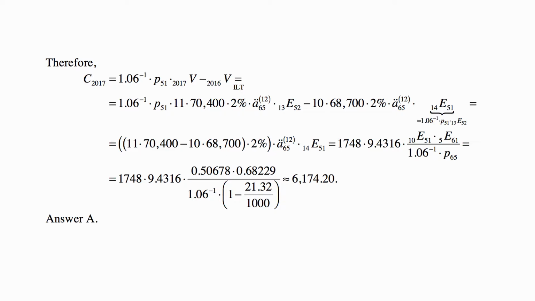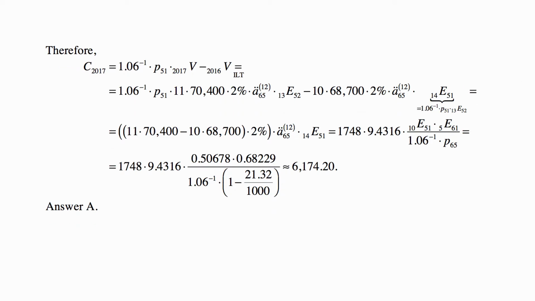And then we try to combine the like terms. So we realize that that term, 1.06 to the negative 1 times P51, if multiplied by 13E52 gives us 14E51.